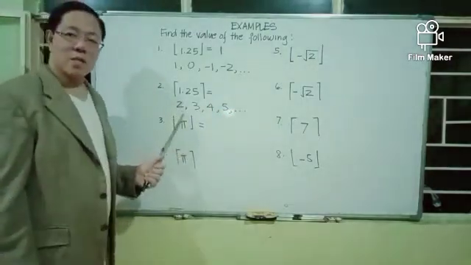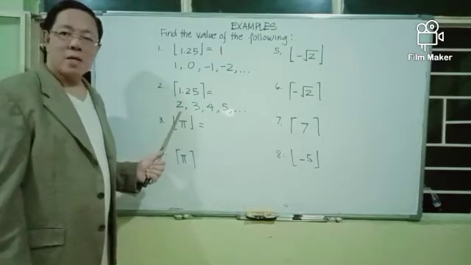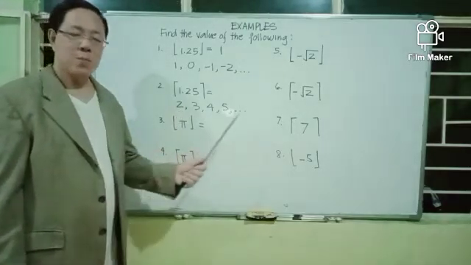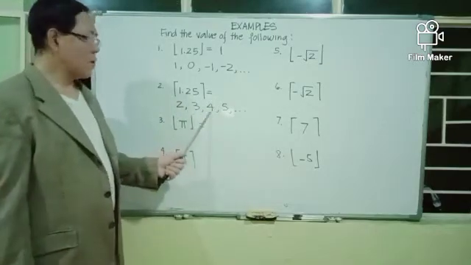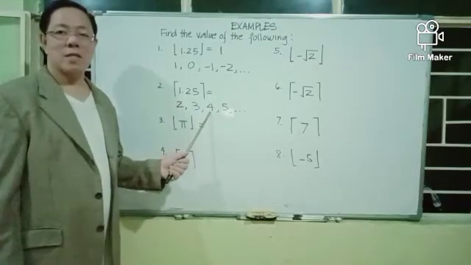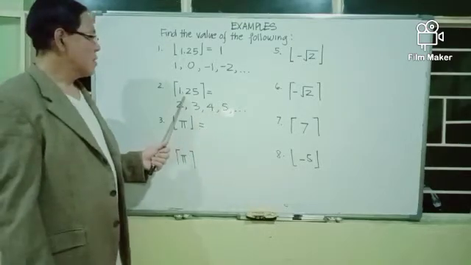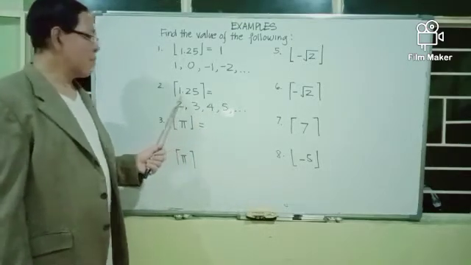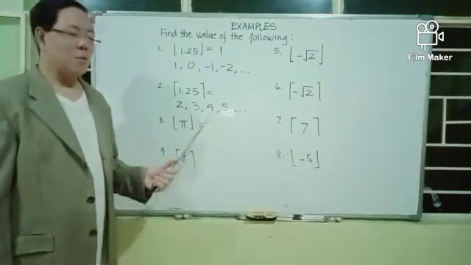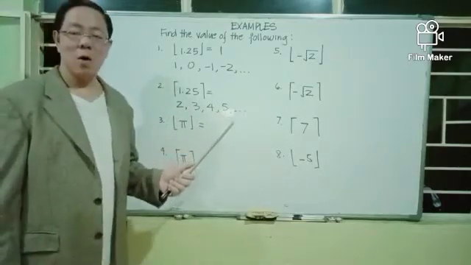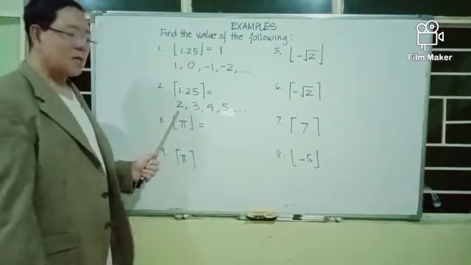All the positive integers that are equal or greater than 2 are greater than 1.25. 4 is a positive integer and it is greater than 1.25. But among these integers that are greater than 1.25, the least or the smallest is 2.